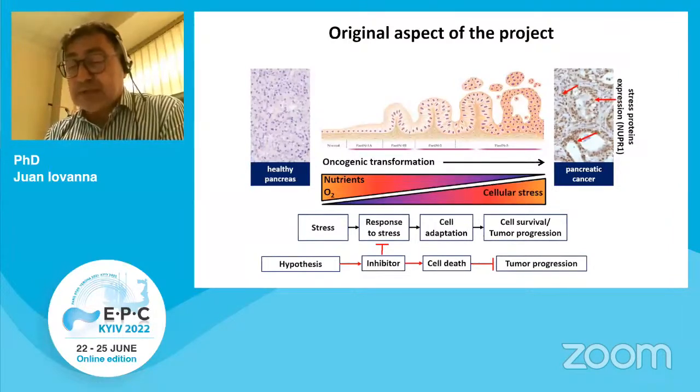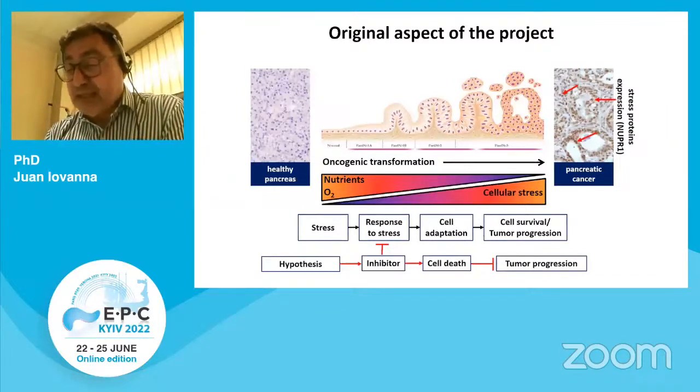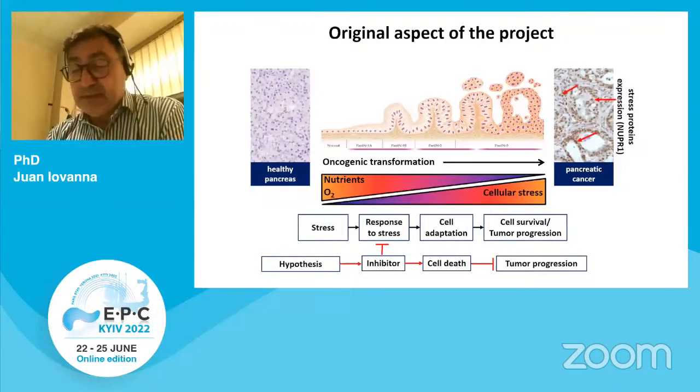The rationale of our strategy is based on the fact that the stress induces a response which allows the adaptation of the cancer cell, and consequently the cell survives, and therefore the tumor can progress. If we are able to inhibit this stress response, we should inhibit the cellular adaptation, and therefore we can stop the tumor progression.